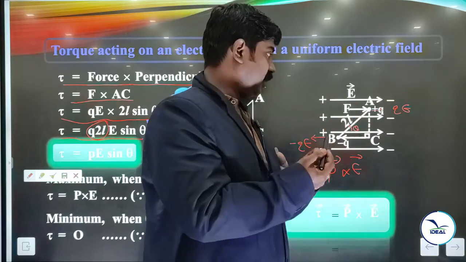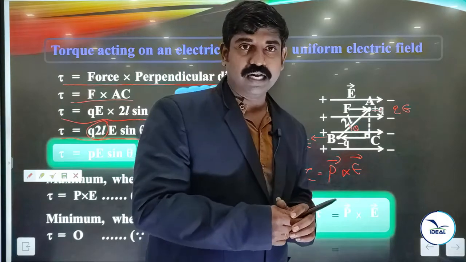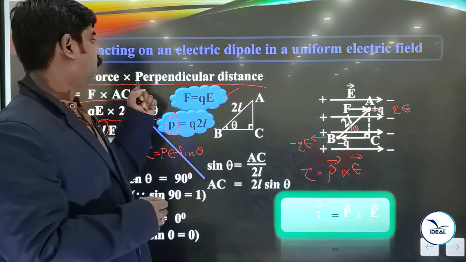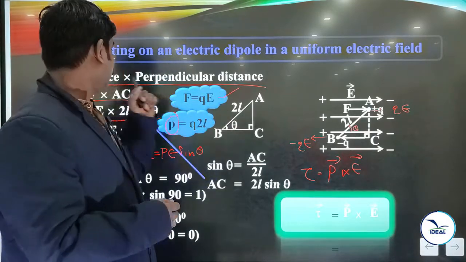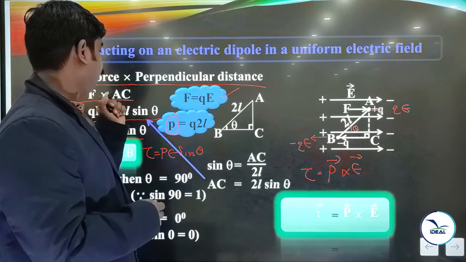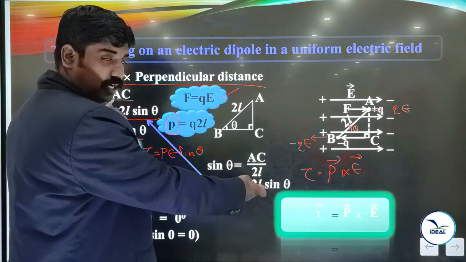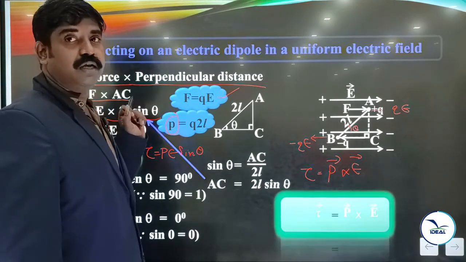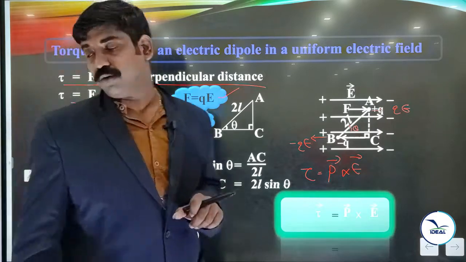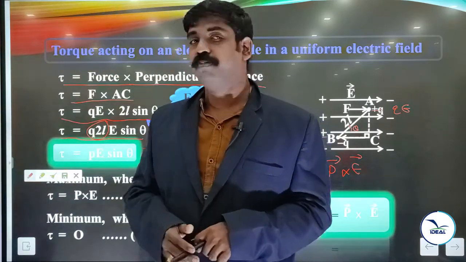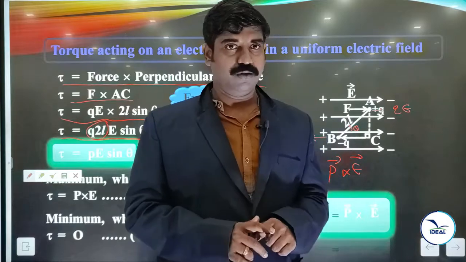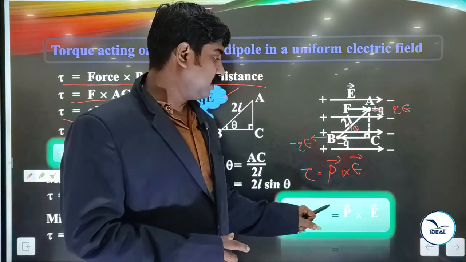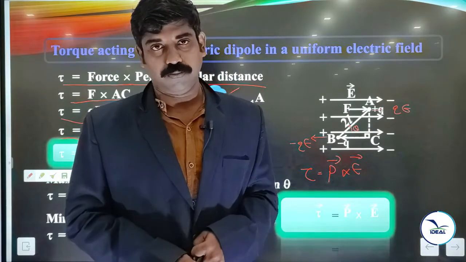In rotation, the rotational force is called torque. Torque is force into perpendicular distance, so tau is equal to F into AC. With AC equal to 2L sin theta, tau is equal to QE into 2L sin theta, giving torque equal to PE sin theta. We represent that in vector form as tau is equal to P cross E.